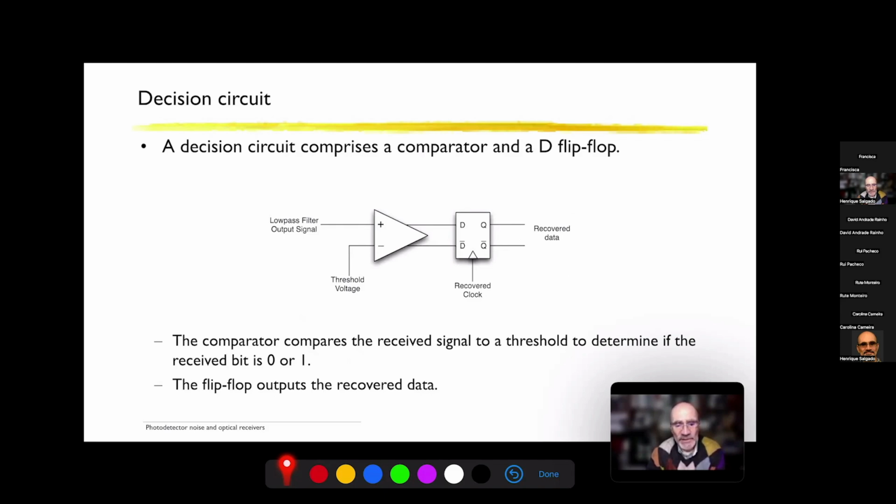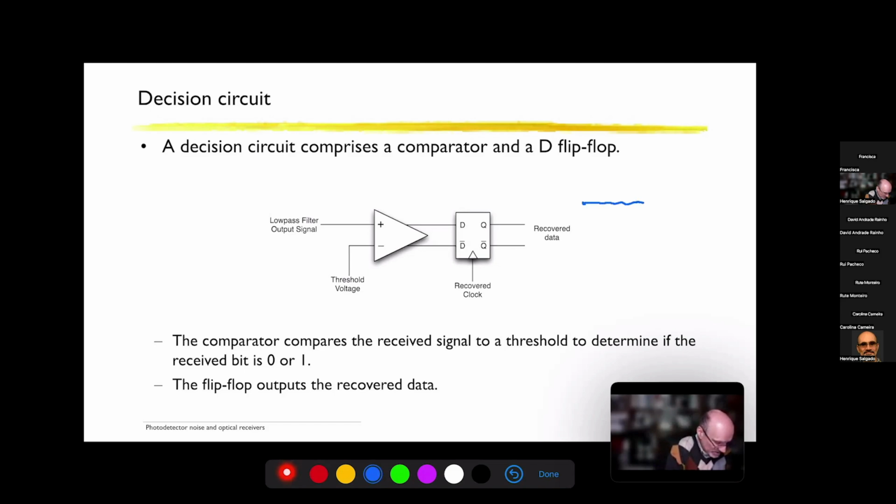And so the output of this comparator is 0 voltage or a high voltage, depending on whether the signal is above or below the threshold voltage. For example, suppose you have something like this.